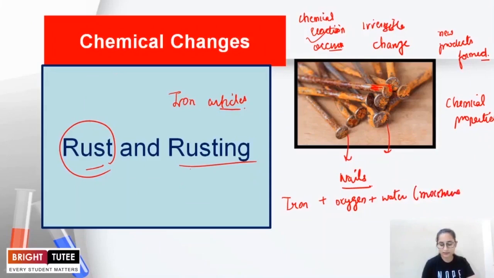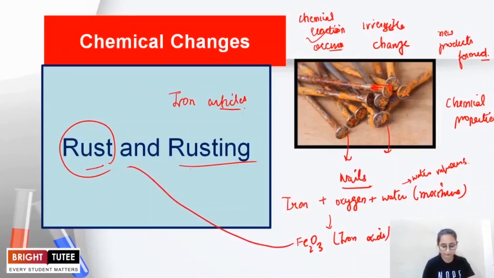It is in the gaseous form, not in the liquid form. You can say it is water vapor, right? It reacts with water vapors and aerial oxygen to form iron oxide, which is Fe2O3. You can say this is iron oxide, and this is the rust. Rust is basically iron oxide.